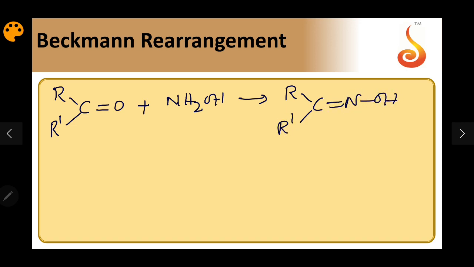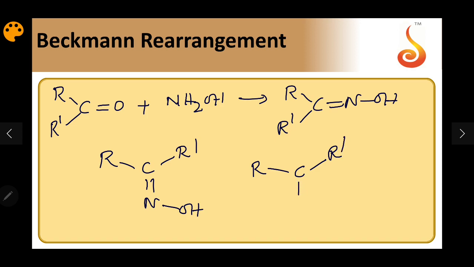The oxime can show geometrical isomerism, so it can be either syn or anti isomers. Two geometrical isomers are possible for oxime. If I take any one of the oximes, the product will be different. It is a stereospecific reaction. So let us take one of them.